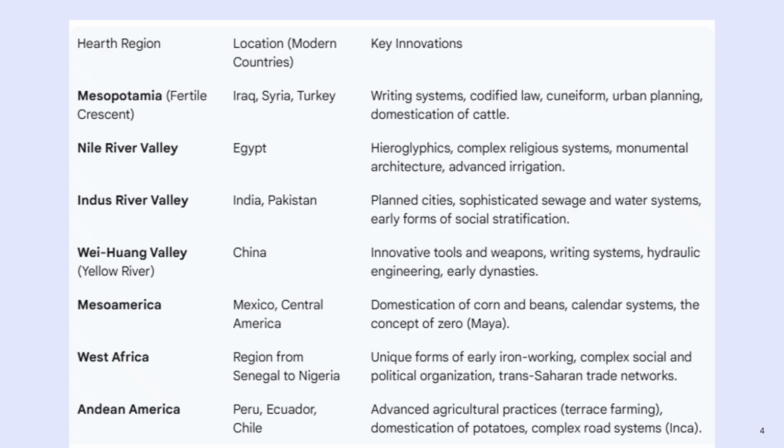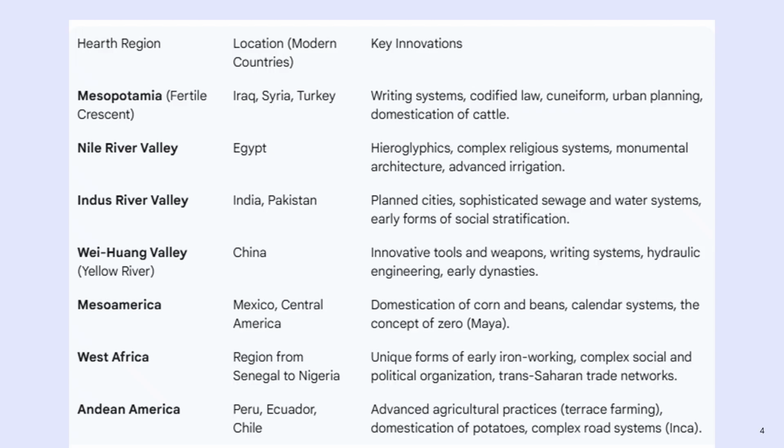Then next on the list is the Nile River Valley, where Egypt is located. We can look at hieroglyphics. We can look at complex religious systems, architecture, advanced irrigation processes. So these are all cultural innovations that then spread in that region and then ultimately globally. In the Indus River Valley, we have where today India and Pakistan are located.